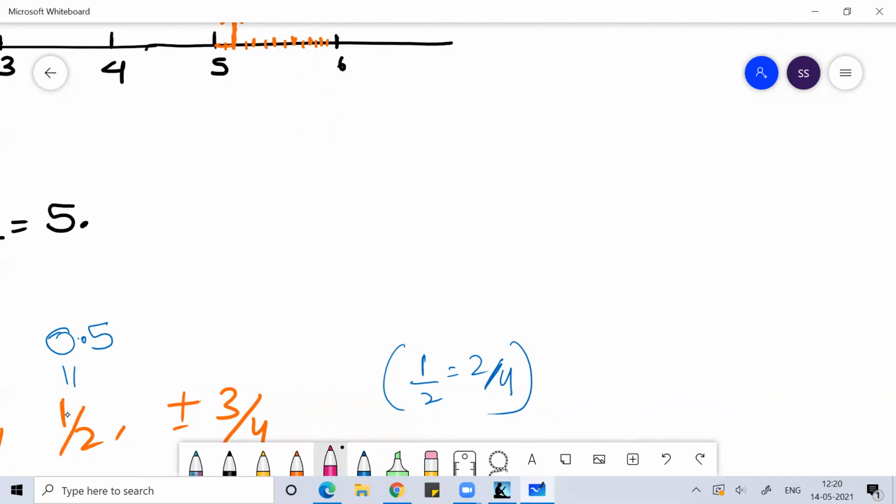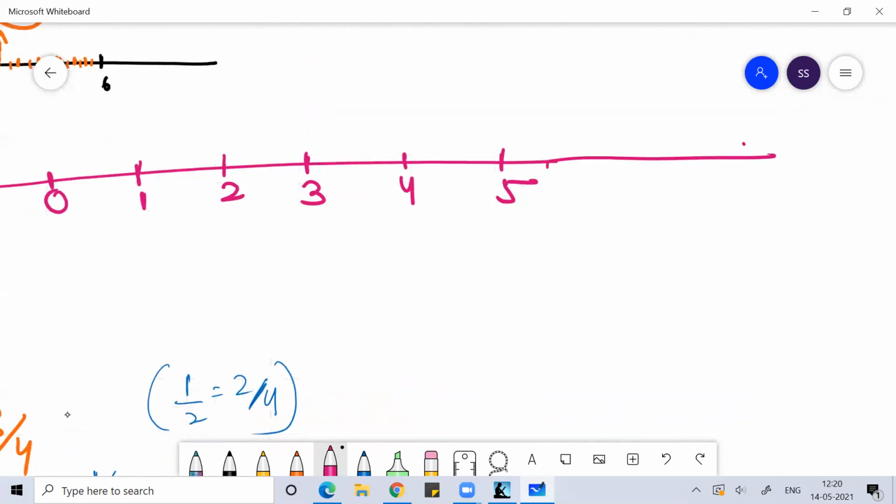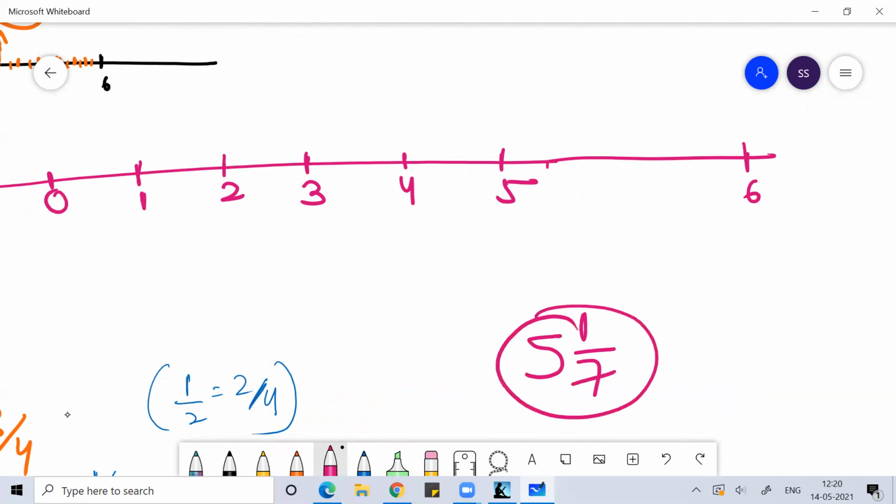No, nothing like that. 0, then 1, then 2, 3, 4, 5, and then you have 6. So 5 1 by 7 means between 5 and 6, make 6 lines.